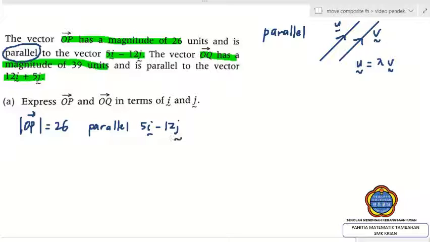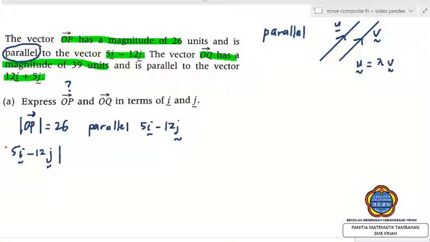Now, the question asks you, what is vector OP? How to get the OP vector? We just have the magnitude and the parallel vector 5i minus 12j. Now what we can do is try to get the magnitude of 5i minus 12j.